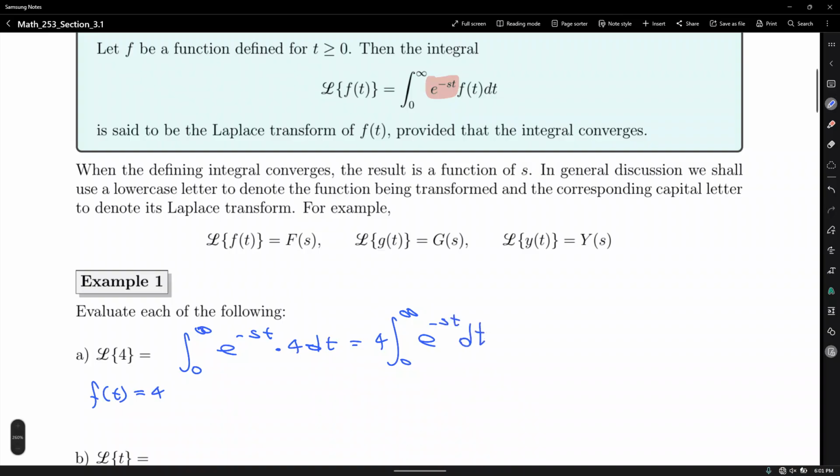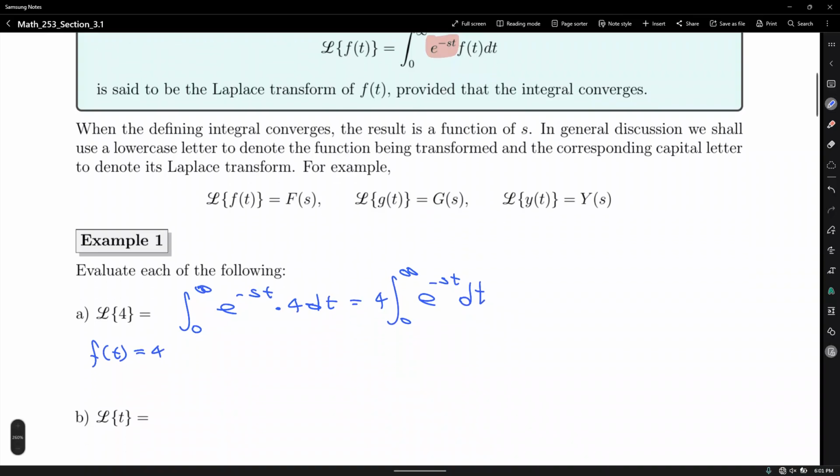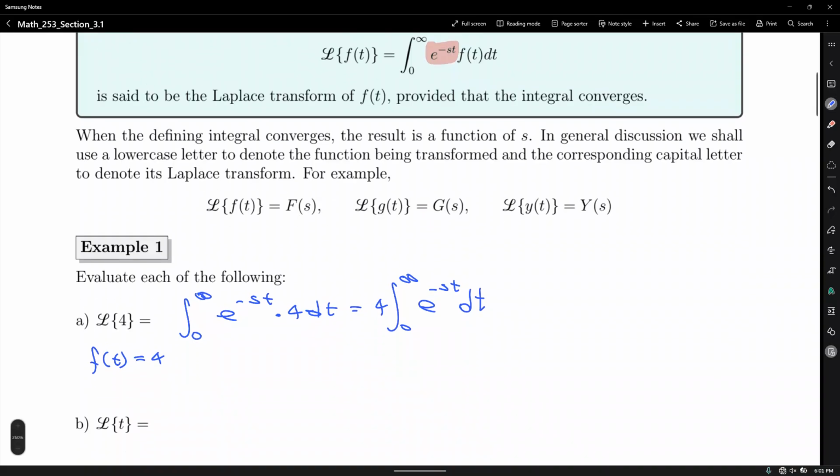And guys, the objective of the Laplace transform initially is to compute this improper integral. However, I'm going to take a different approach. Rather than setting up a limit problem, upper limit minus lower limit, and all that, how about we just use the gamma function to make this way quicker?